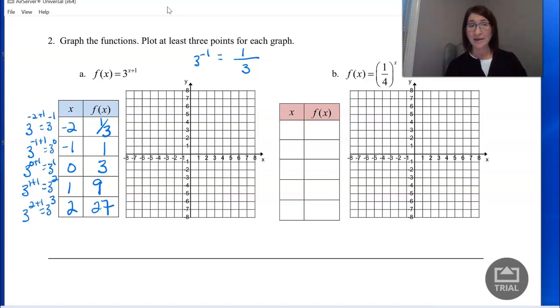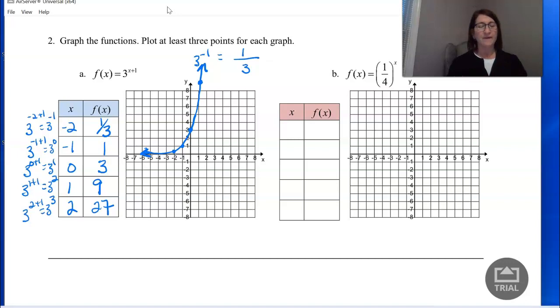When I plot those ordered pairs, (-2, 1/3), right about there, (-1, 1), (0, 3), (1, 9), and then (2, 27) is off the chart. You can see how we go up. It just gets closer and closer to that x-axis.